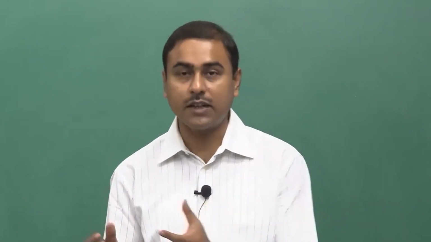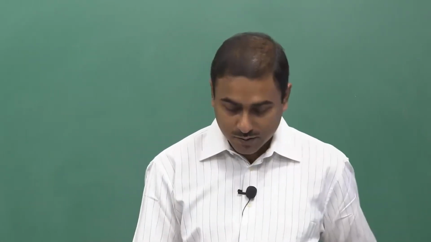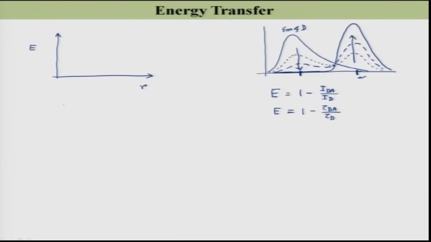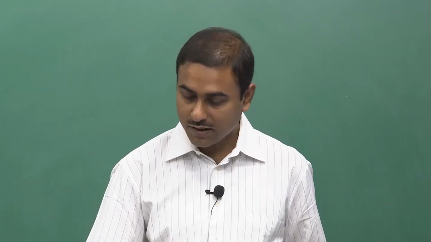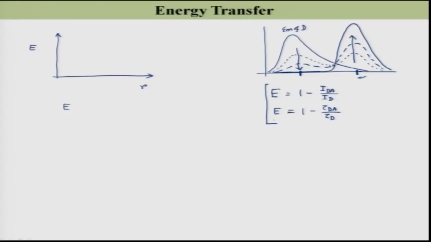What equation do I already have? I have this equation involving the efficiency of the energy transfer as well as the R, the distance between the donor and acceptor. By this way I will calculate this efficiency, and here capital E equal to 1 over 1 plus R by R 0 to the power 6. With this I will plot this.